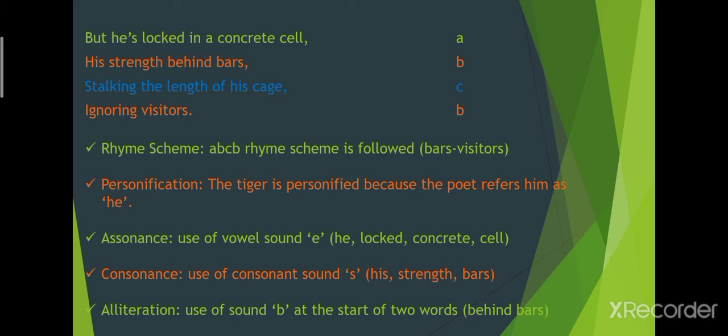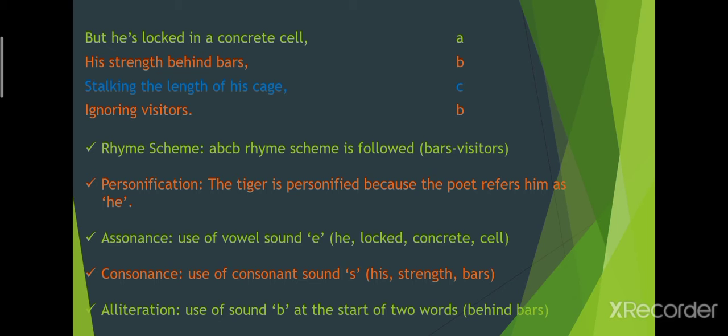Bars, visitors. So that's the reason we use B, B for these two, and the sounds of the first line and third line are different from each other and also different from the second and fourth lines. Cell, cage. So they were identified with different letters. So the rhyme scheme of this stanza is A, B, C, B.